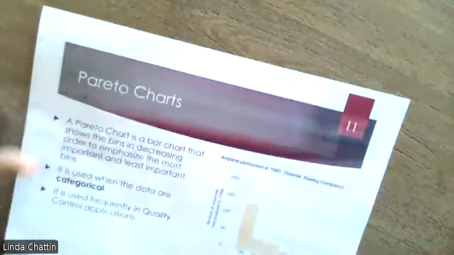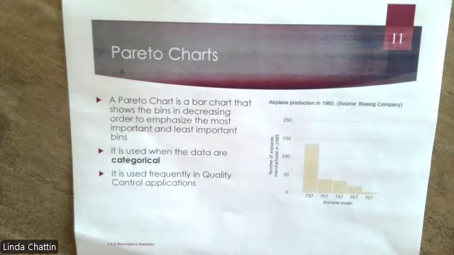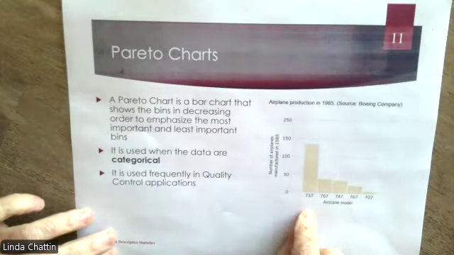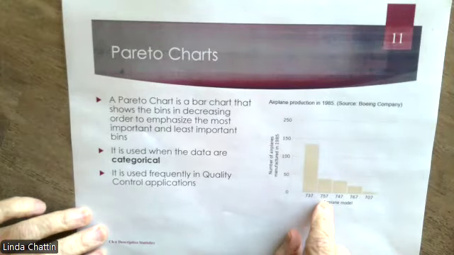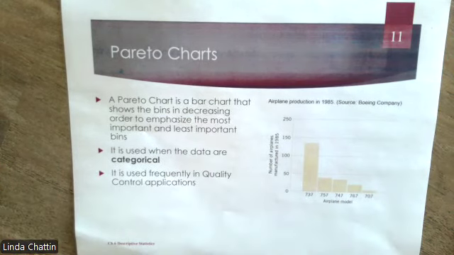All right, the next thing we need to talk about is something called a Pareto chart. A Pareto chart is also a bar chart, but the x-axis is not actually values, it's categorical. So if I looked at the number of airplanes in 1985, this is from the textbook, that Boeing produced, we saw that we had the 737 series, 757, 747, 767, 707.